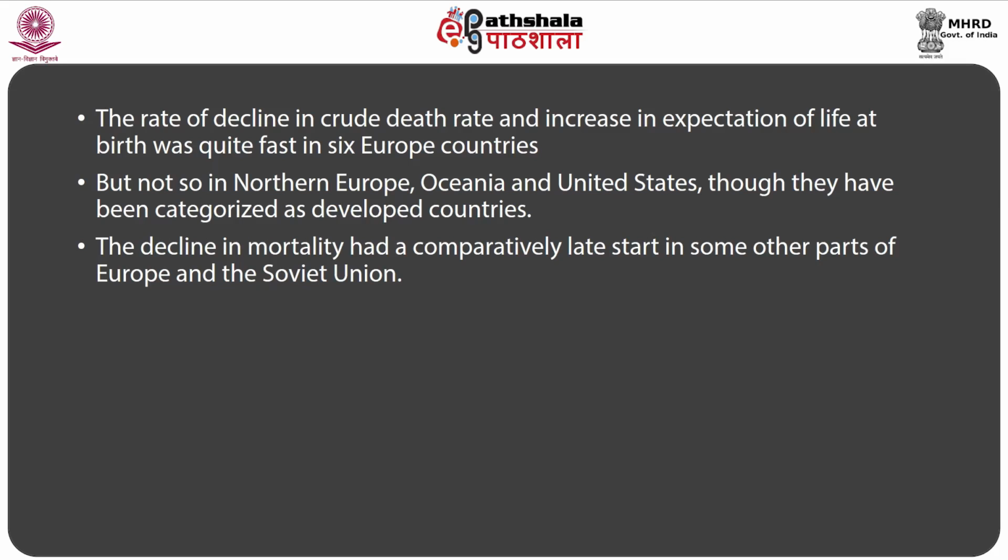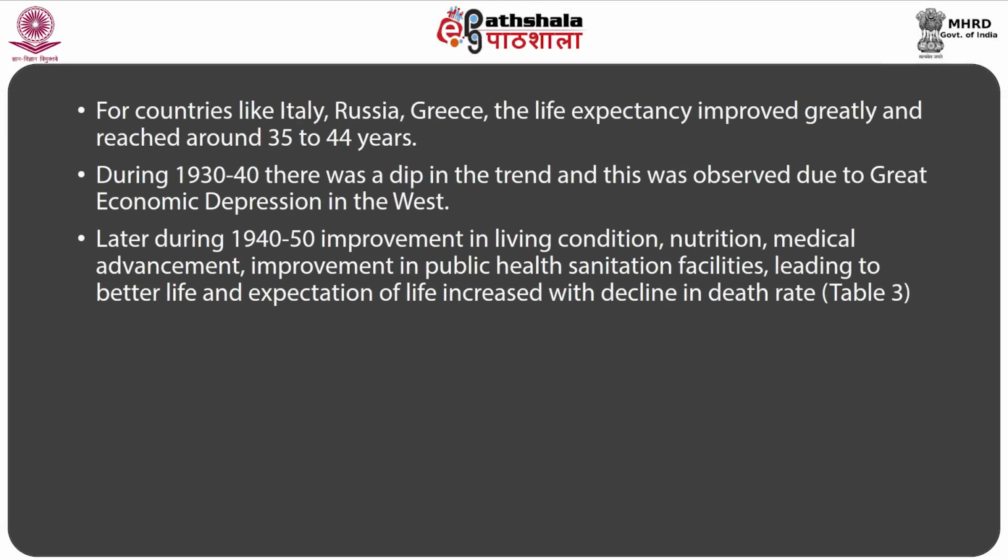The decline in mortality had a comparatively late start in some other parts of Europe and the Soviet Union. For countries like Italy, Russia, Greece, the life expectancy improved greatly and reached around 35 to 44 years.